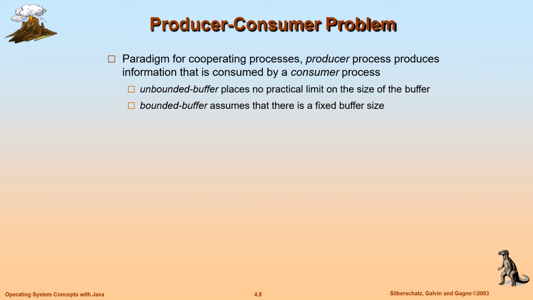Both processes should synchronize and cooperate with each other. This is a very good example, the producer-consumer problem. We have two kinds of buffer here, unbounded and bounded. An unbounded buffer places no practical limit on the size of the buffer, whereas a bounded buffer assumes a fixed-size buffer.